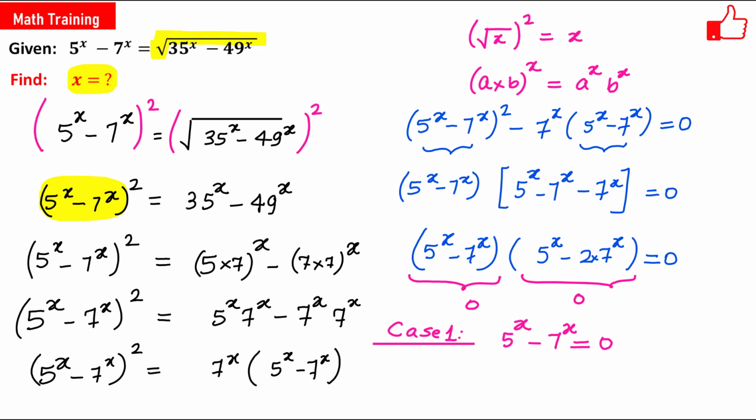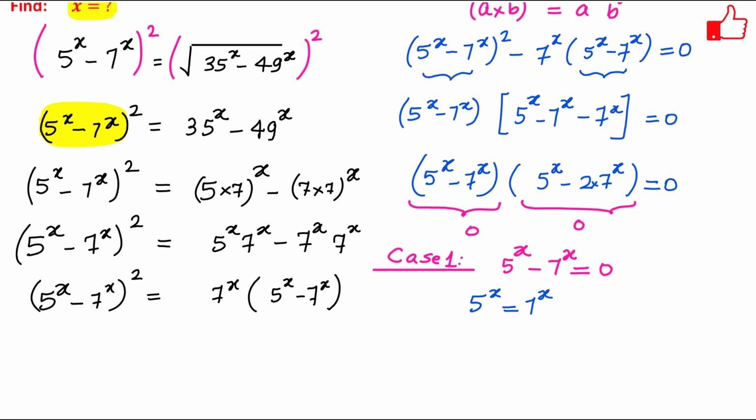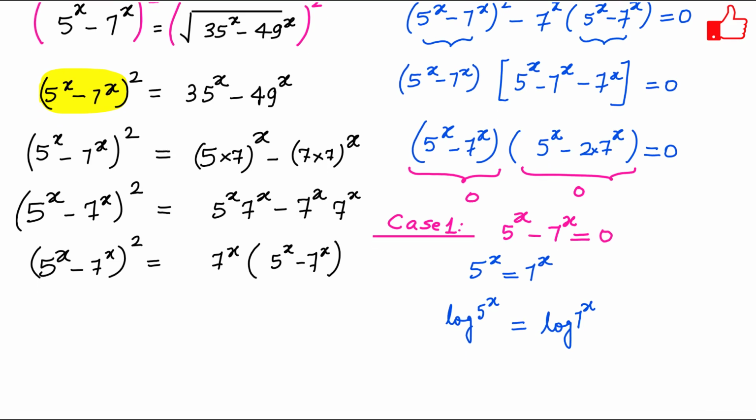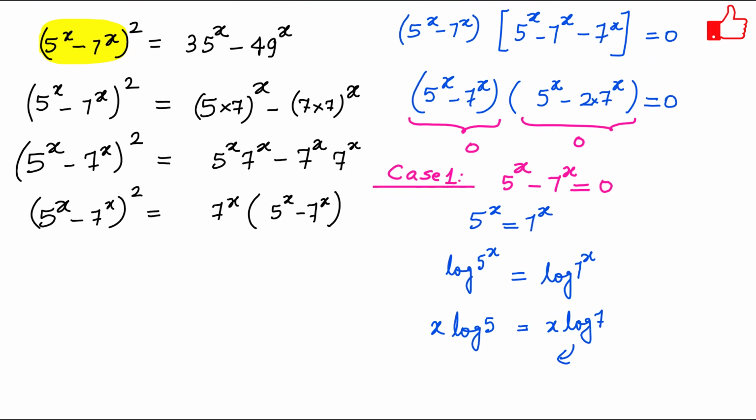So in this case I can say 5 raised to the power x is equal to 7 raised to the power x, or I can take log on both sides. So this becomes log of 5 raised to x is equal to log of 7 raised to x, and I can use the property of log here. If we have something in the exponent, that becomes a product. So using the property of log I can write x log 5 is equal to x log 7, or I can take this term to the left hand side.